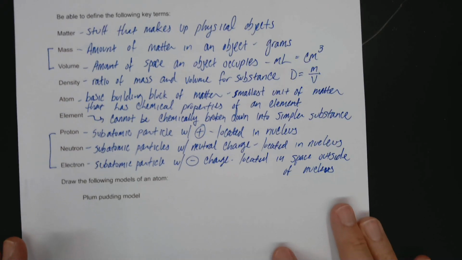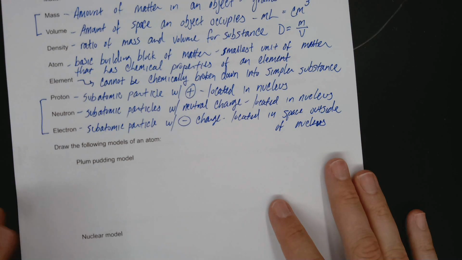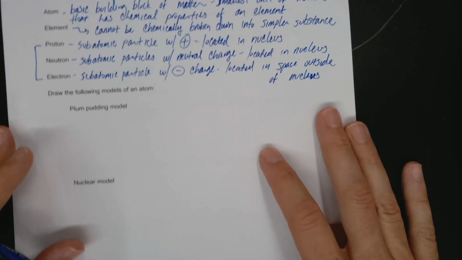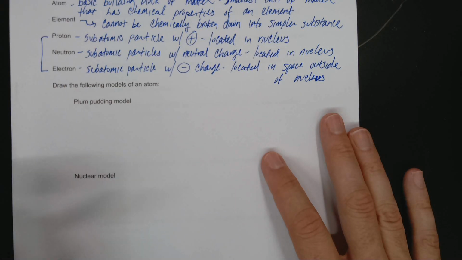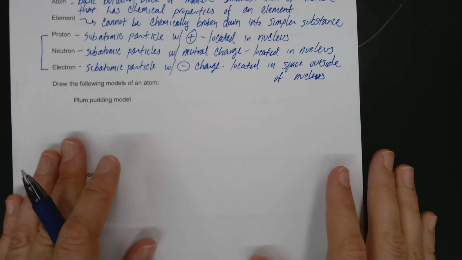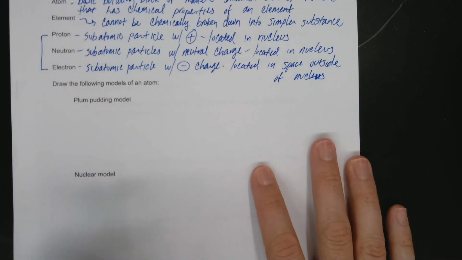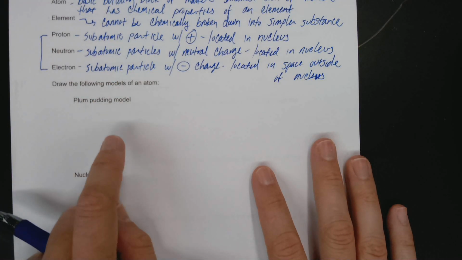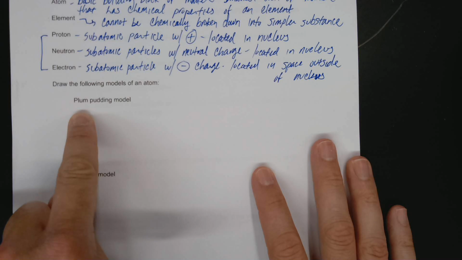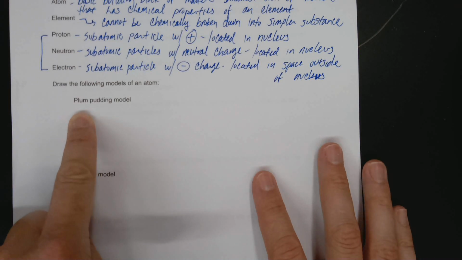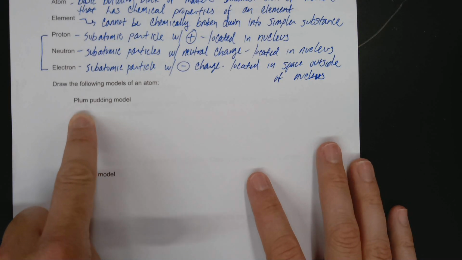Okay, now, what the atom looks like is a field of intense study. Even now, we're still learning more about how the atom is arranged. The very first model that incorporated these subatomic particles was called the plum pudding model. And this was put forth by J.J. Thomson in the 1890s.